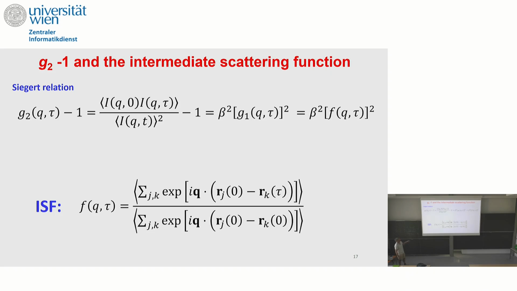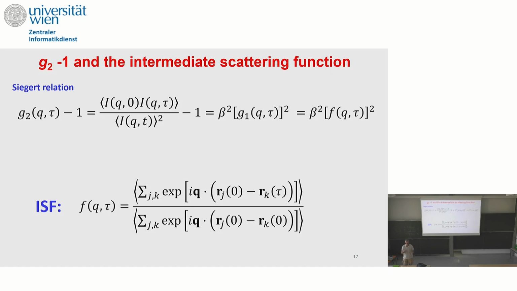And then you do this double sum, and you normalize with respect to the same quantity but calculated for tau equals 0.